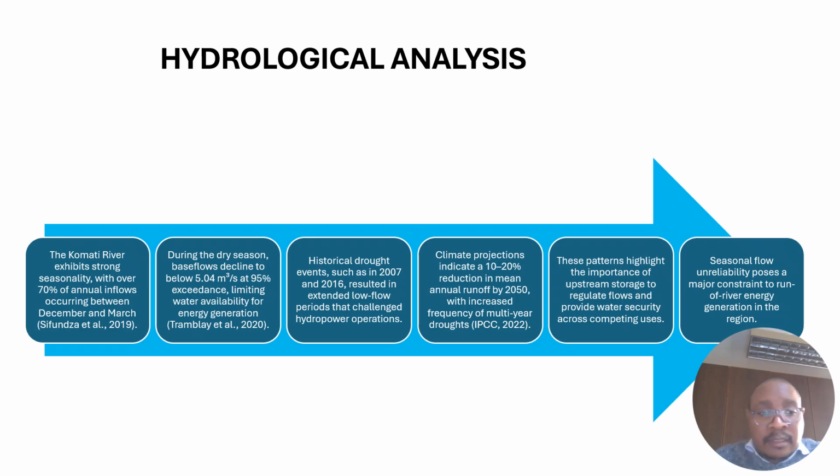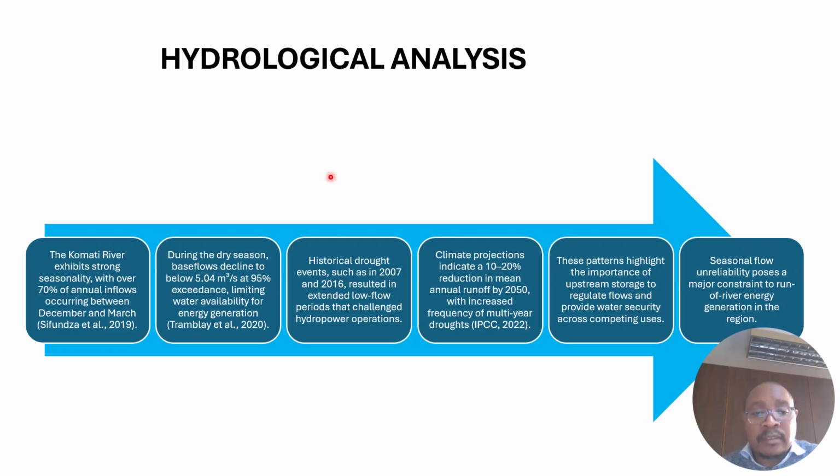The hydrological analysis. The Komati River exhibits a strong seasonality, with over 70% of the annual flow occurring between December and March. And then during the dry seasons, the base flow declines below 5.04 cubic meters per second at 95%.